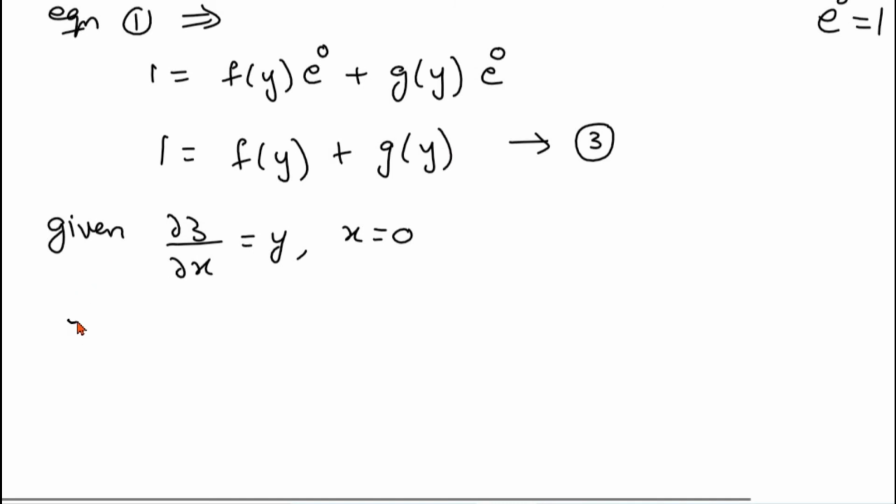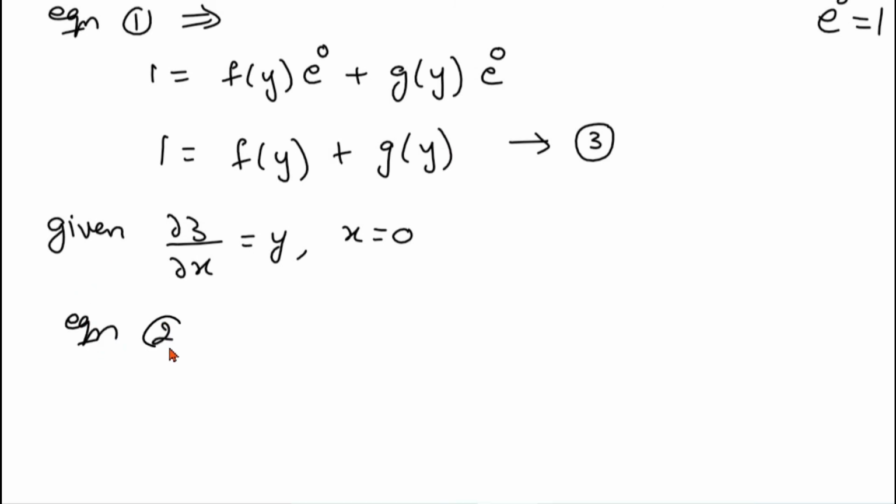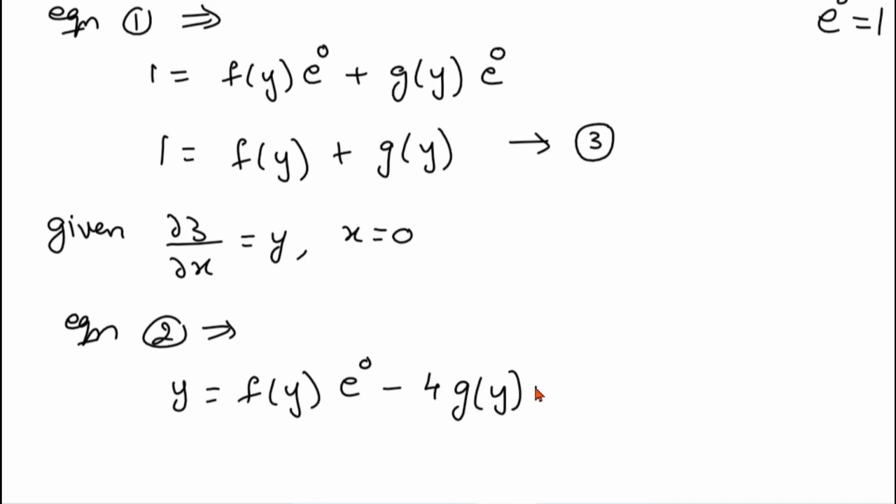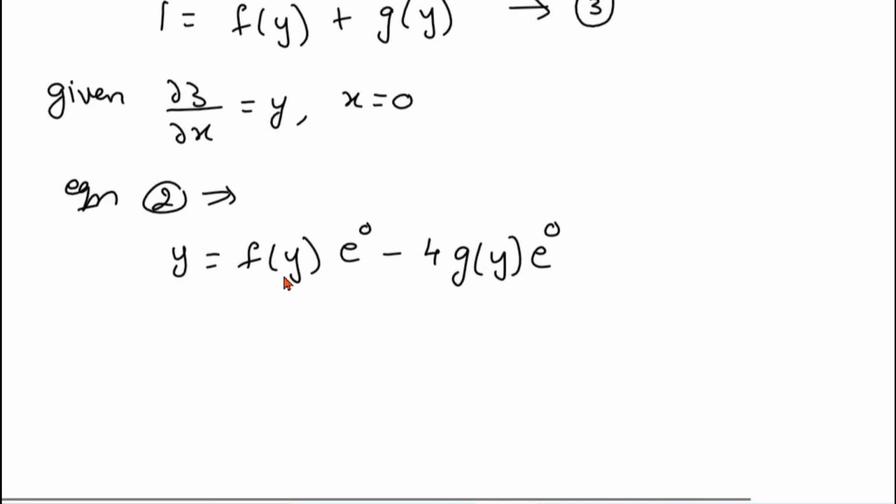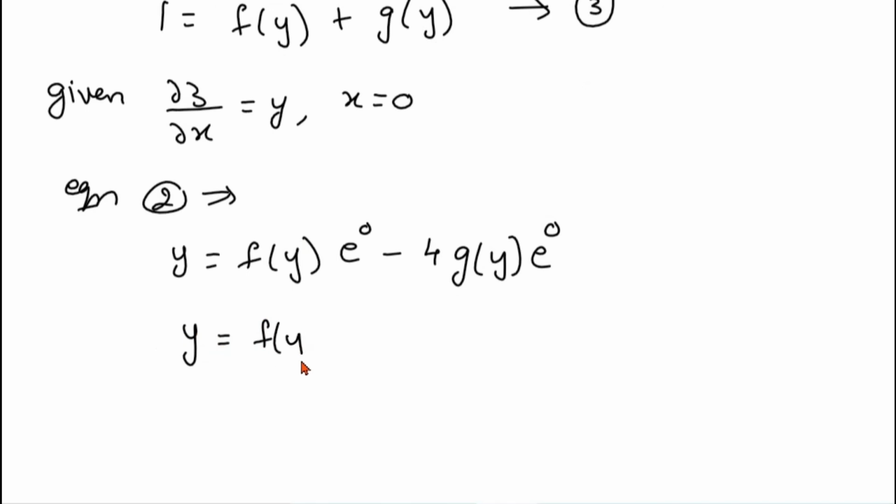Equation number 2 implies ∂z/∂x will be y is equal to f(y) times e^0 minus 4 times g(y) into e^0. But since e^0 is 1, we get the result as y is equal to f(y) minus 4 times g(y). Let me take this as equation number 4.